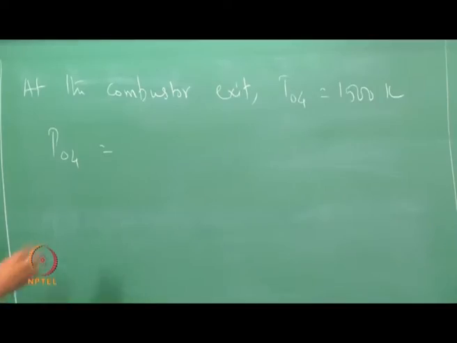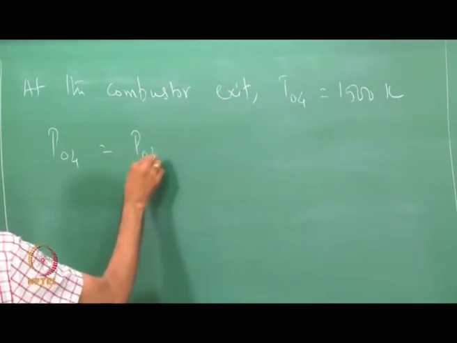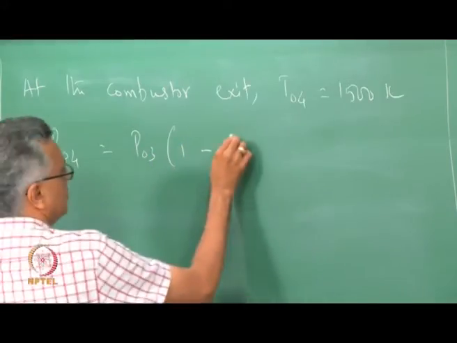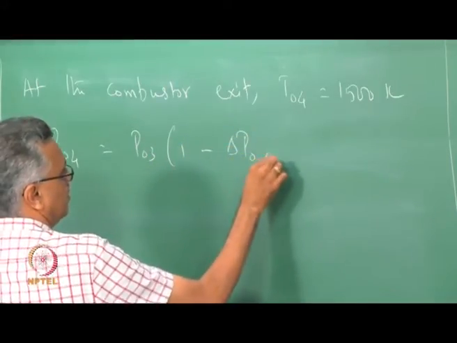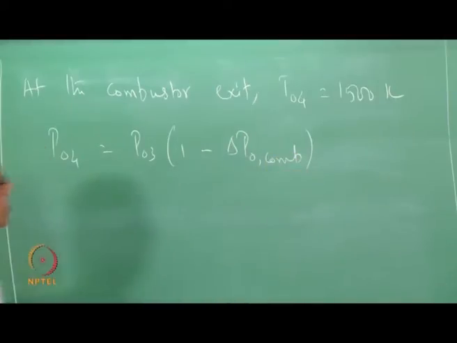and P04 can be evaluated like this. P04 is equal to P03 times 1 minus delta P naught of the combustor. So, there is a pressure loss in the combustor which is given, and this is given to be 5%.